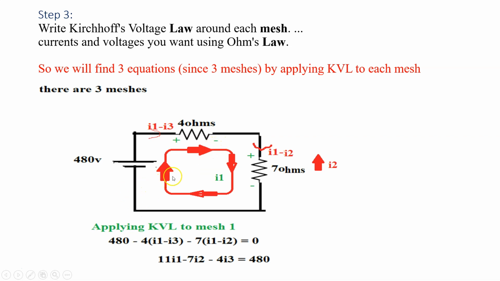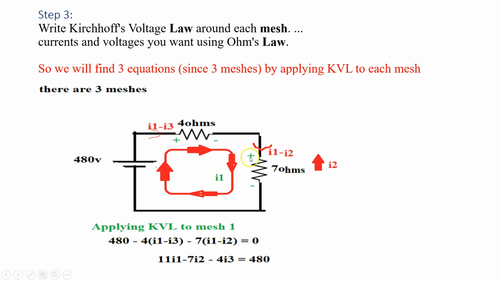Here clockwise direction, so I'll start from this voltage source. It is flowing from negative to positive polarity, so it is plus 480. Then it is entering here positive to negative polarity, so minus 4 into current, which is I1 minus I3. This is the product of current into resistance. Current into resistance, IR, is what? Voltage. You can see all these terms are in terms of voltage.